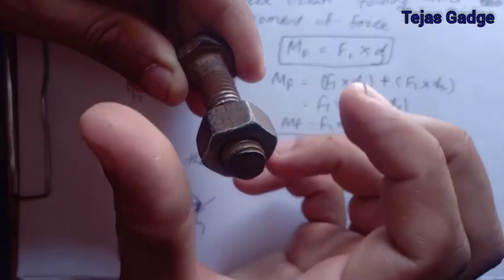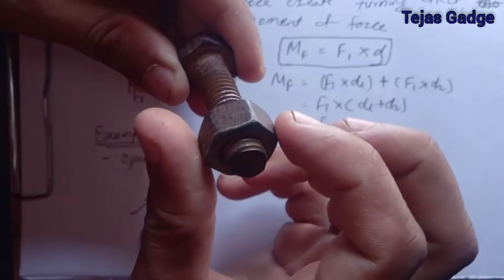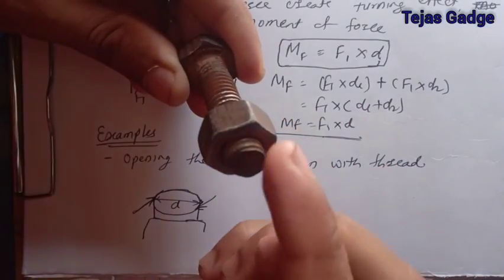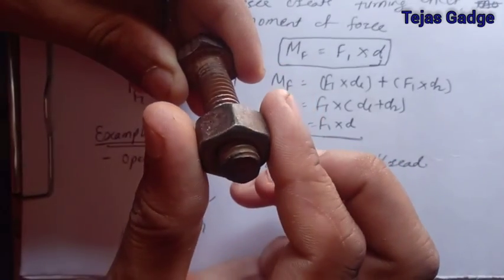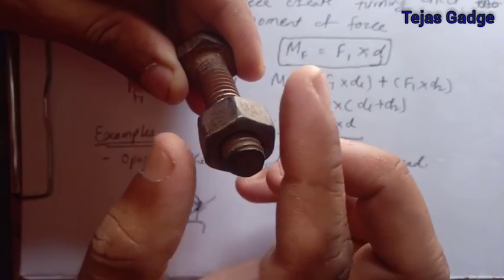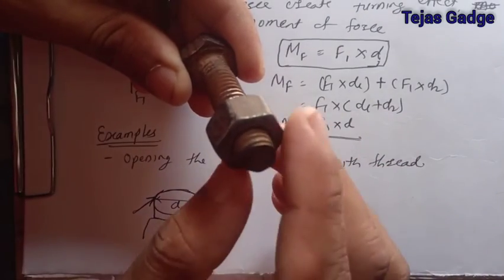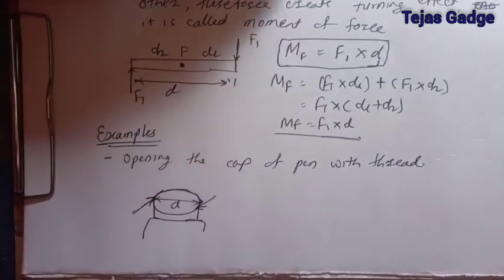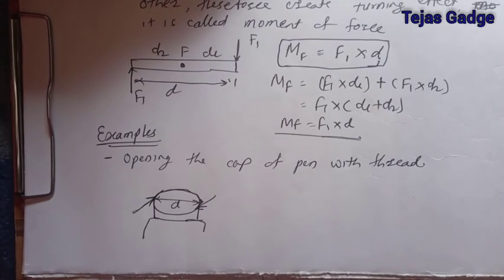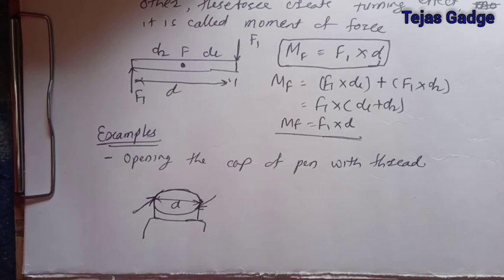They are parallel to each other, opposite in direction, and applied at some distance. That's why they create a turning effect in a body, and this is a couple. This is the application of couple forces and moment of couple. Everybody got this? Okay. Thank you, students.